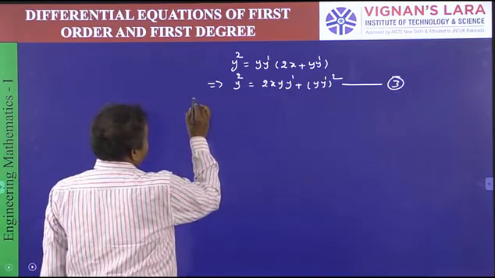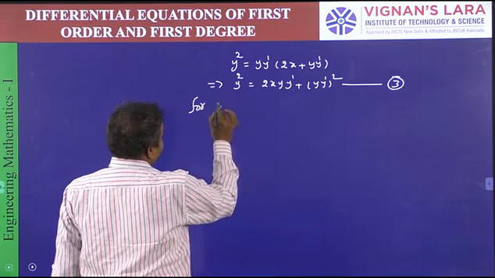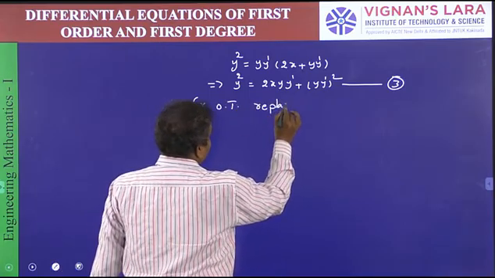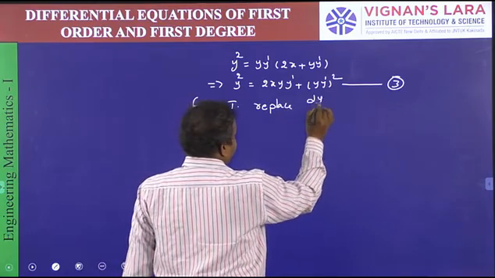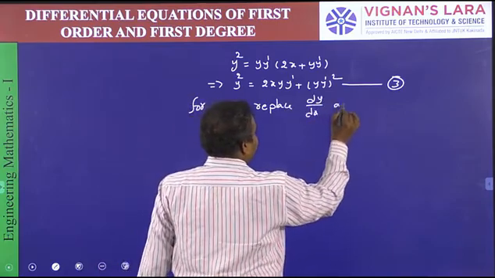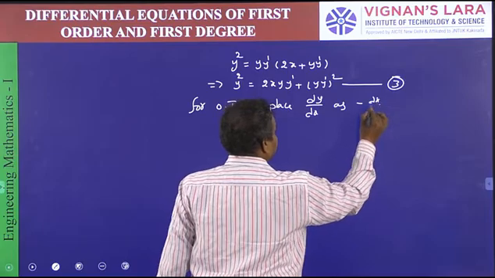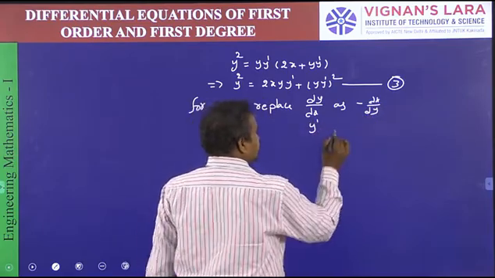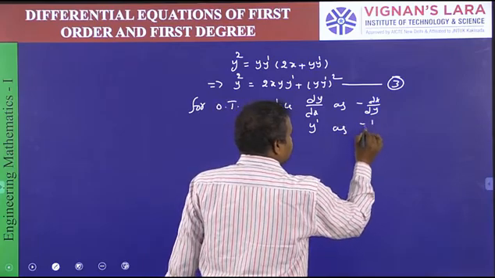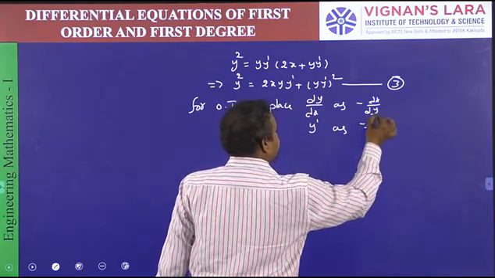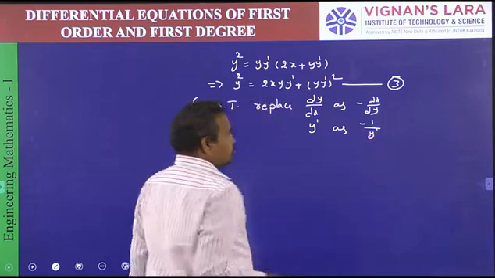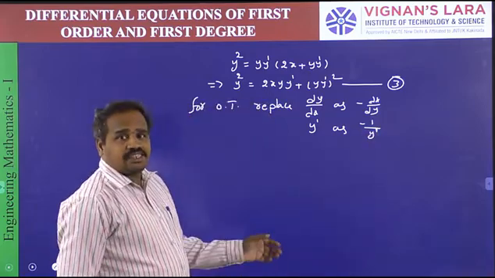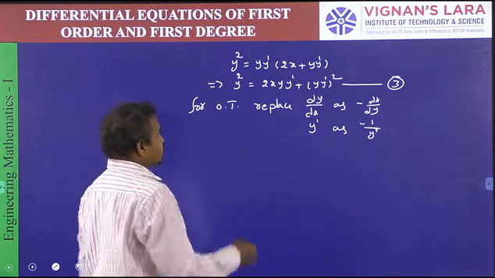After this, for orthogonal trajectories, replace. What is the formula? Actually formula is dy by dx, denoted as y dash, as minus 1 by dy by dx, that becomes minus 1 by y dash. So replace y dash as minus 1 by y dash.